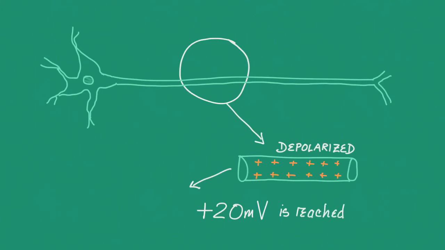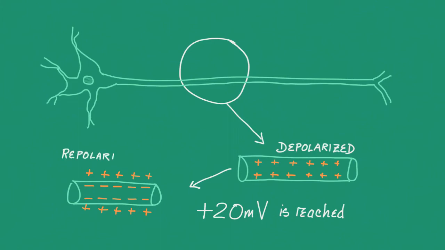And when potassium rushes out, it takes positive charges out of the cell and the inside becomes negative again. So we say that the axon is now repolarized. We say repolarized because the voltage is going back to the resting membrane potential. So it returns to minus 70 millivolts. So let's see how that happens.